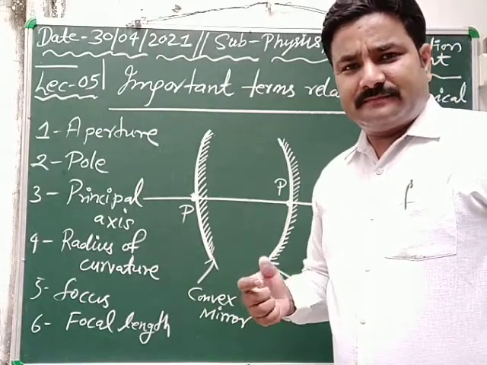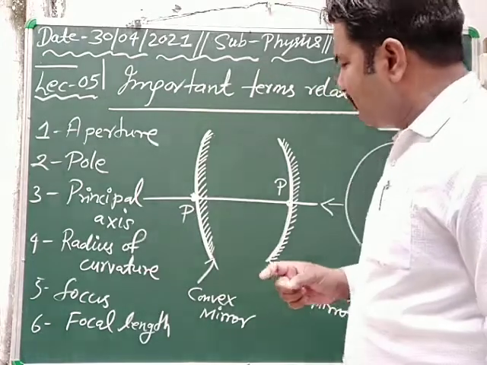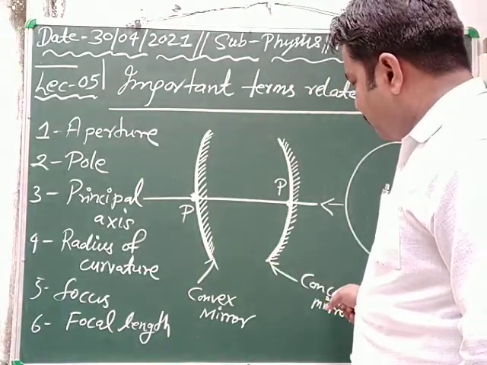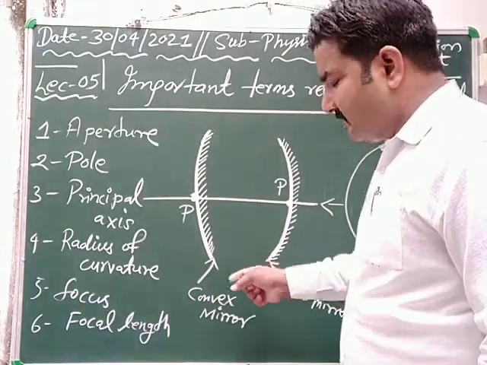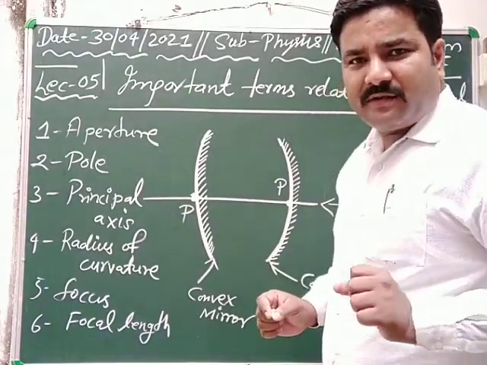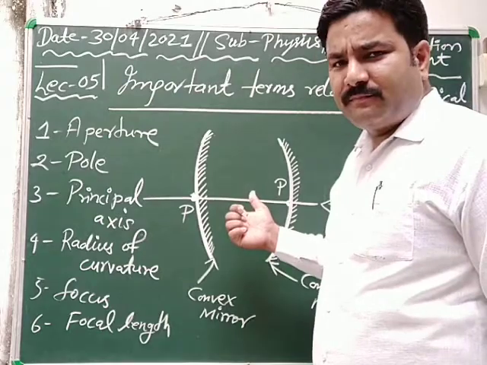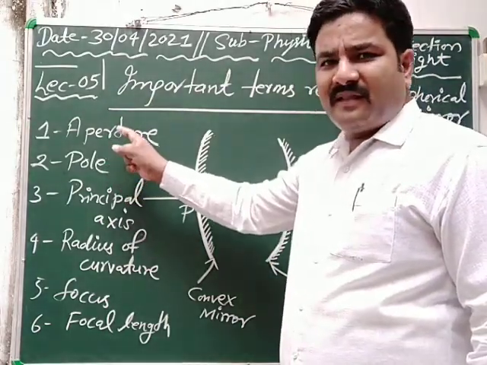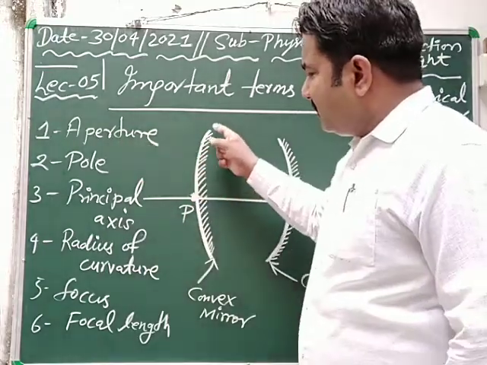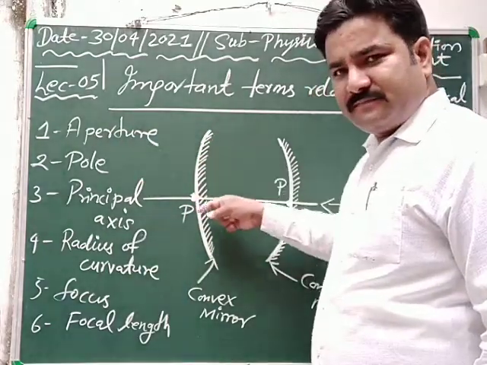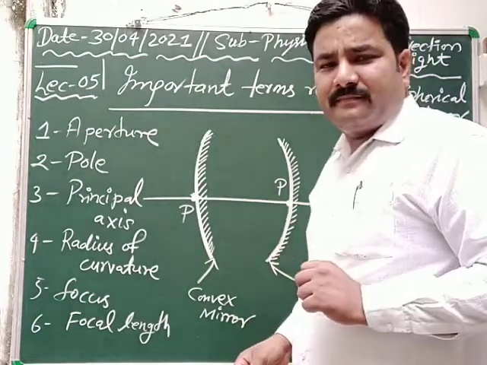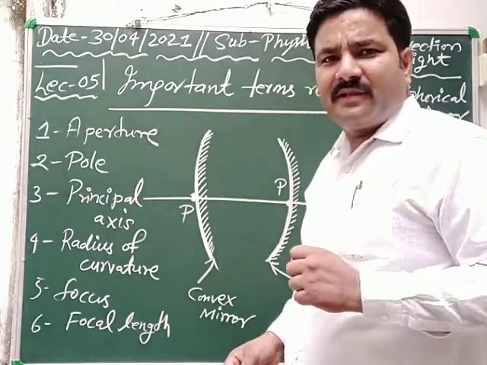Just try to understand the concept. First, the definition of concave mirror and convex mirror, also in terms of pole. Second point, first one is aperture. Aperture means the total reflecting surface from which the light is reflected.